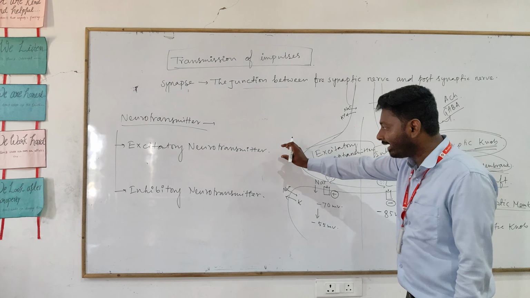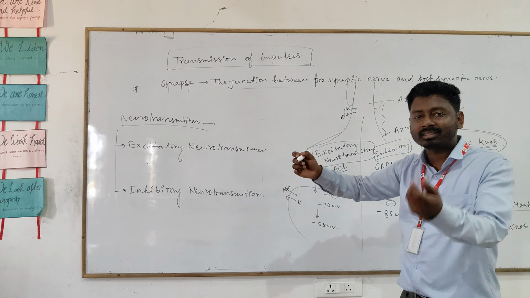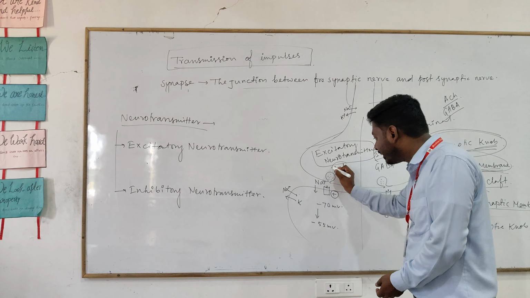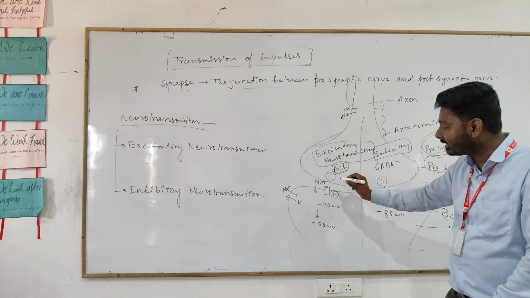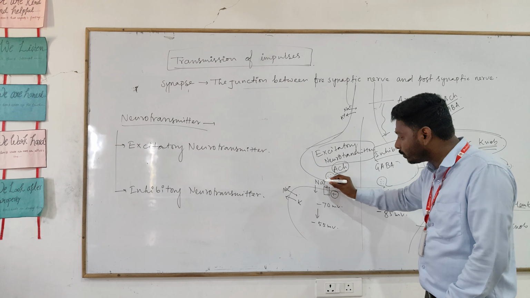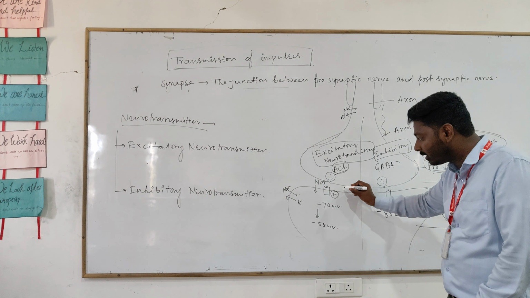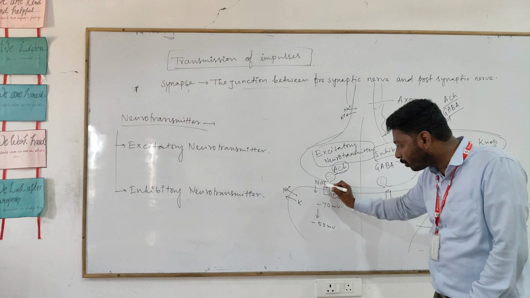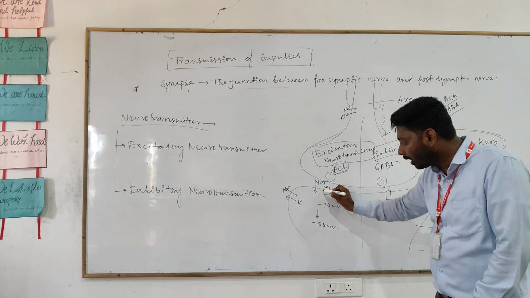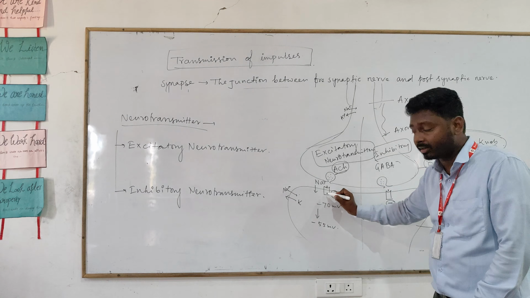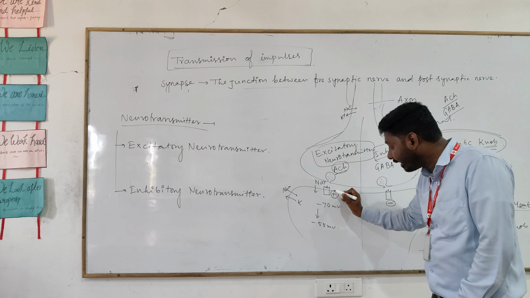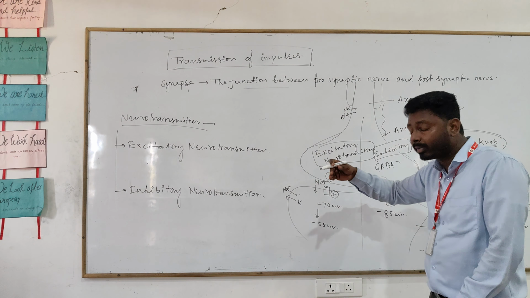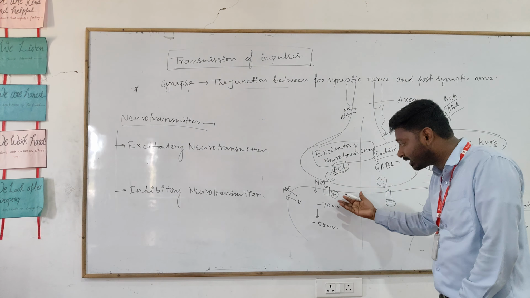First, for the excitatory neurotransmitter, one example we have already understood, that is acetylcholine. When acetylcholine fuses with the presynaptic membrane, is released in the synaptic cleft and placed over the acetylcholine receptor, it helps to excite the postsynaptic neuron.